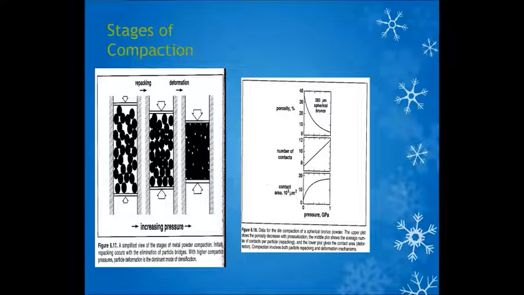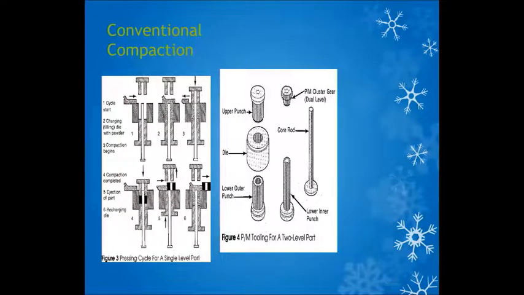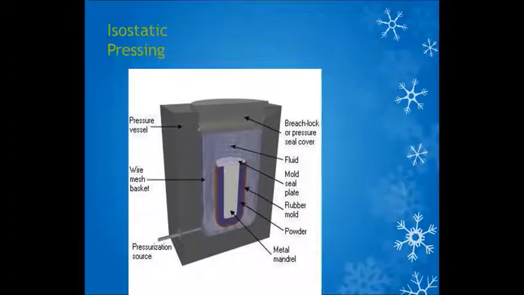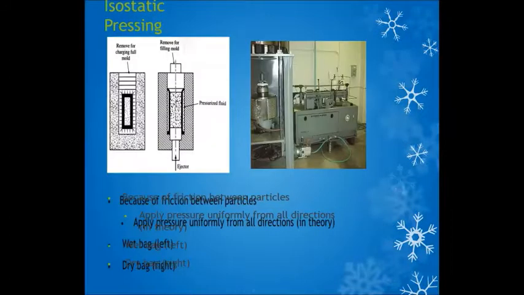The stages of compacting are shown step by step with the compacting pressure. The diagram shows the various processes. Isostatic pressing operations taking place under isostatic pressure are given in the slide.